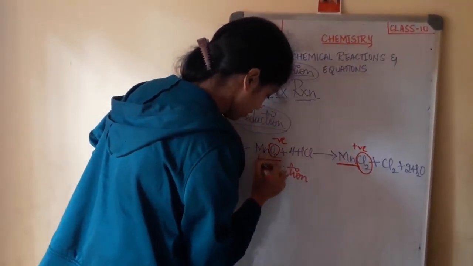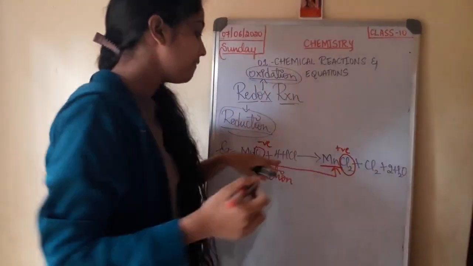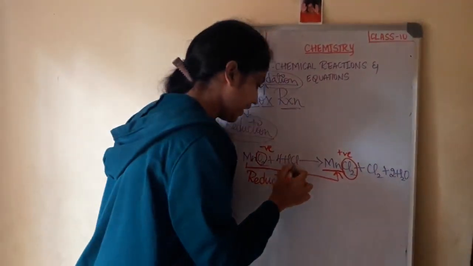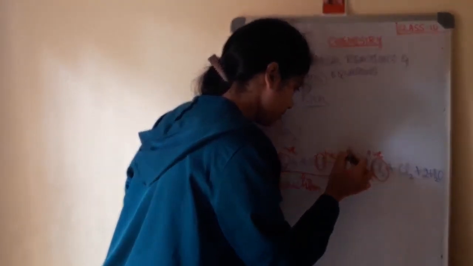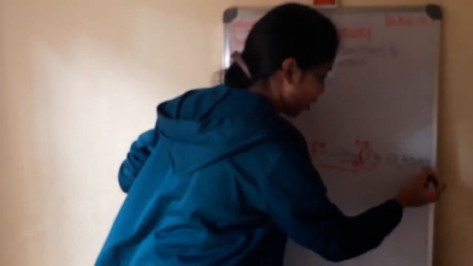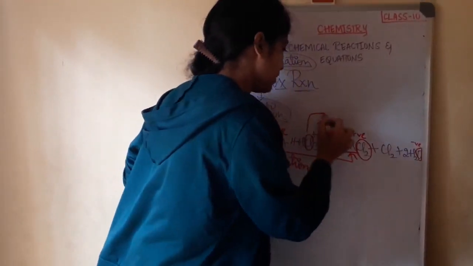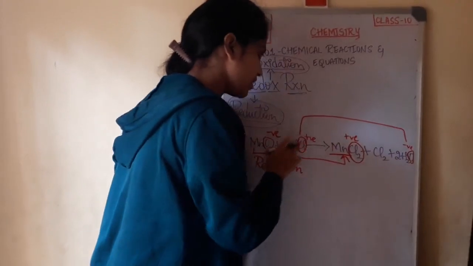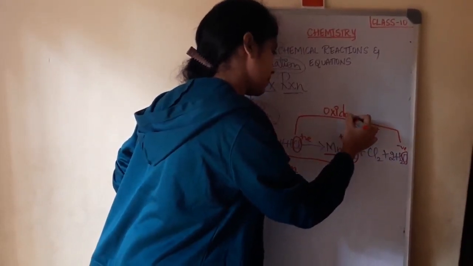Then, observe hydrogen. Here hydrogen had an electropositive ion, whereas on the product side it has oxygen, that is an electronegative ion. So here hydrogen is getting oxidized, that is oxidation is occurring.